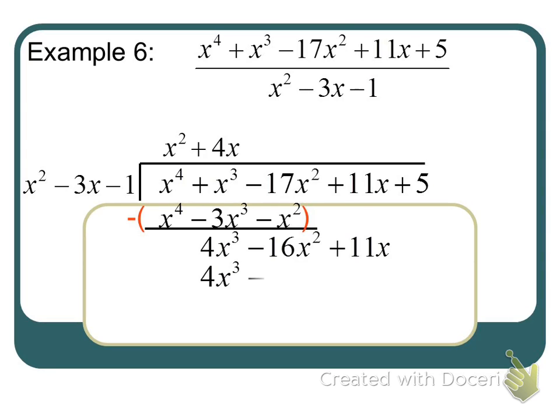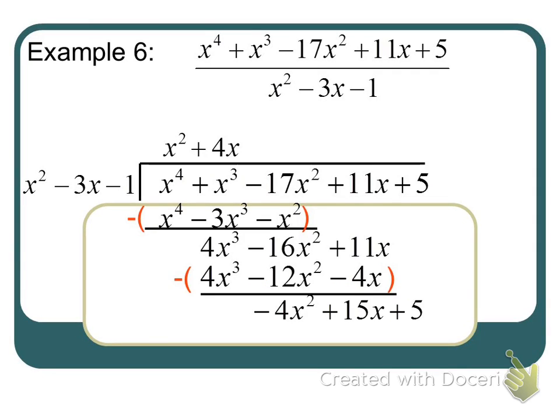Distribute. And we'll subtract again, which is going to make this negative, make this positive, and make this positive. So we'll have negative 4x squared plus 15x. Bring down the plus 5.